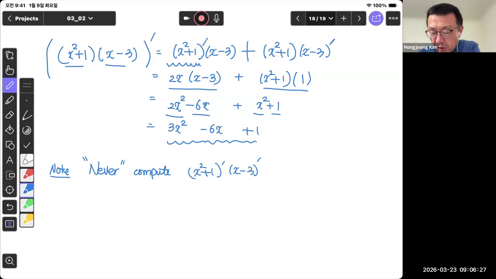Okay, so this is not what you want. When you have a product of two functions, you need to differentiate one by one without altering, without differentiating the other terms. So please be careful.